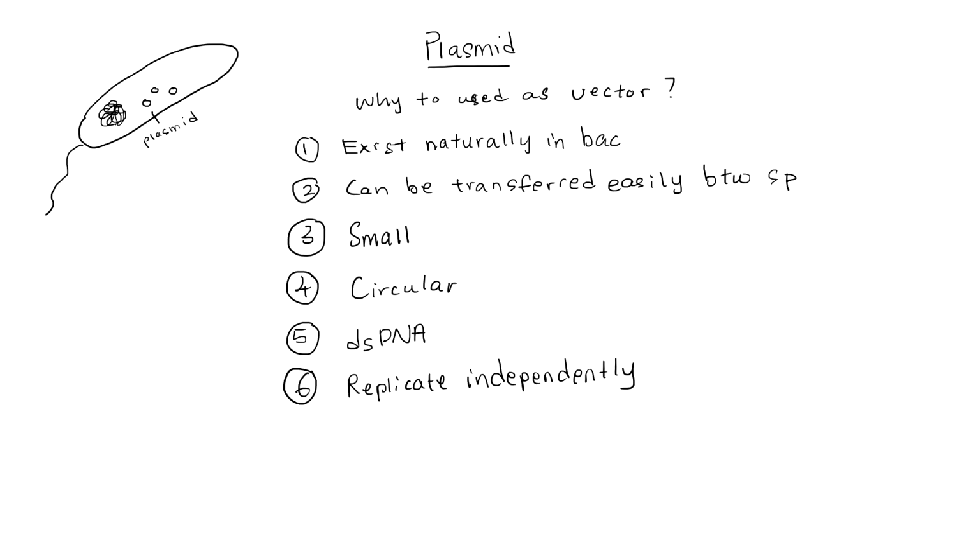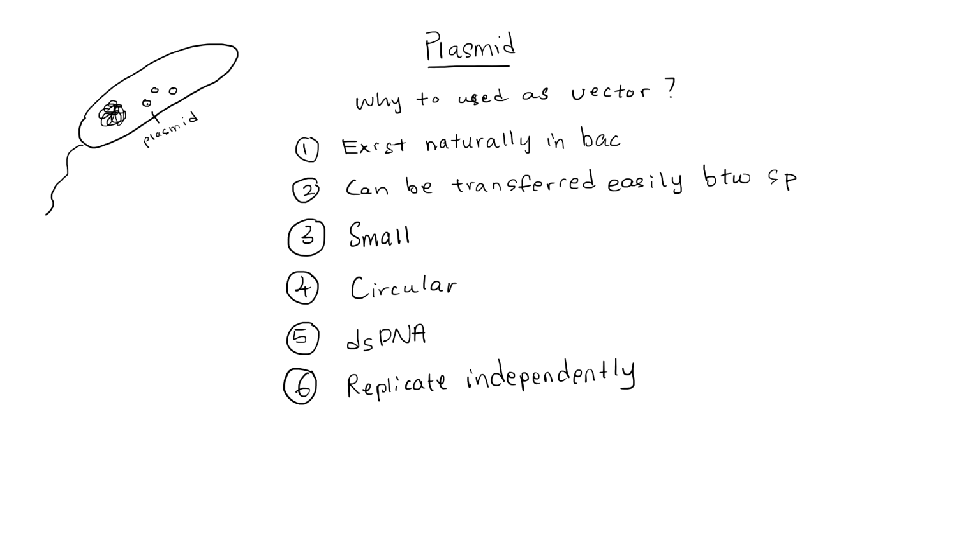So they do not depend on the main genome DNA replication. Whenever the cells want to replicate, this DNA inside here is going to undergo binary fission. So they will copy and produce two of these identical DNA and separate into two daughter cells. At the same time, plasmid also will replicate on its own.